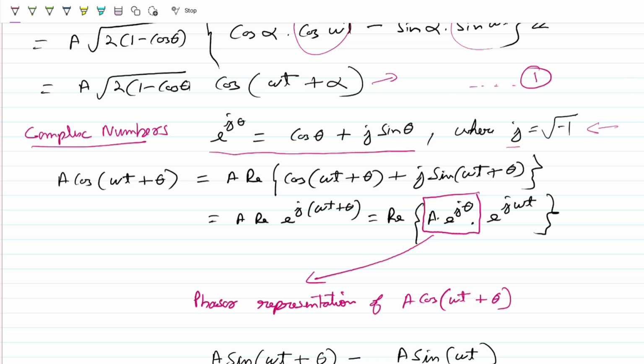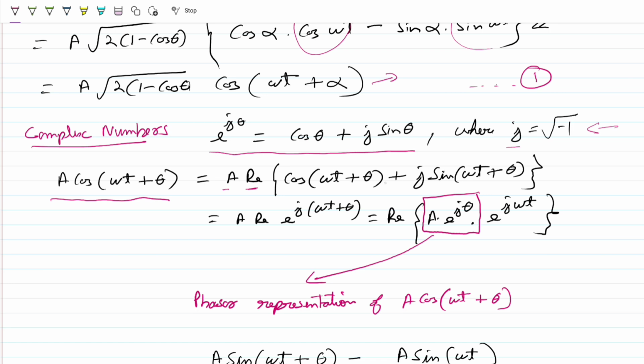With this notation, if we have a sinusoidal signal a times cos of omega t plus theta, this can actually be written as a times the real part of a complex number, which is defined as cos omega t plus theta plus j times sin omega t plus theta.